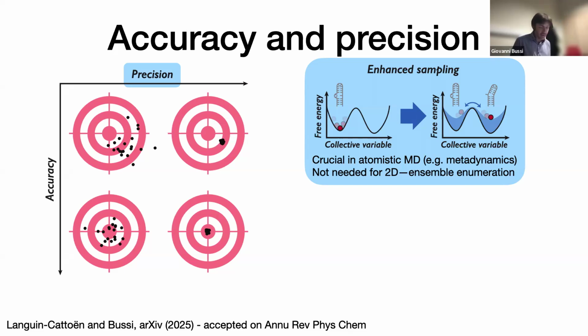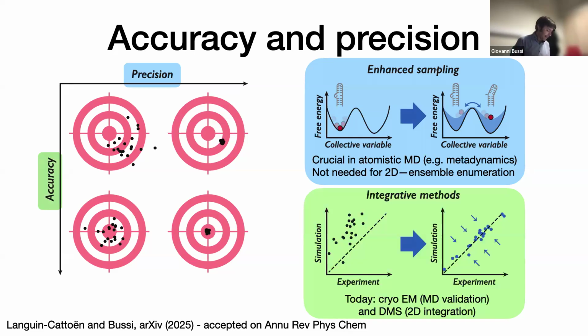These techniques are not needed for secondary structure prediction, because in that case you can use tricks related to dynamic programming that allow you to virtually enumerate the entire ensemble. At the same time, you might have problems: even if you achieve infinite precision, you could have accuracy issues because your prediction might not match experiment.